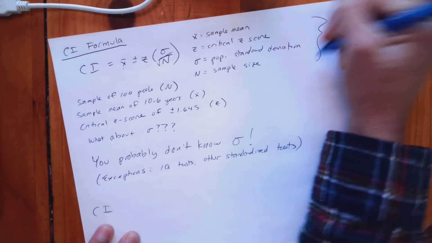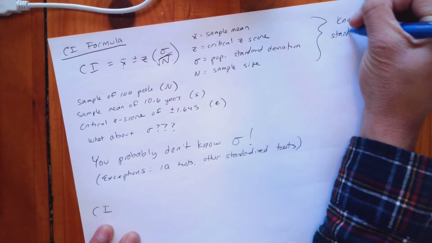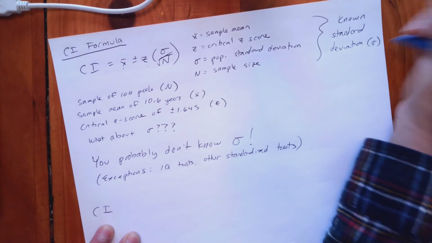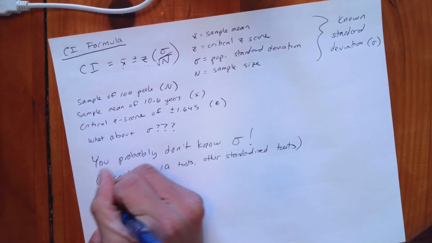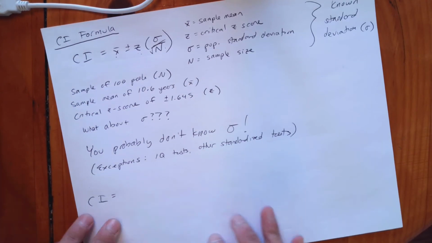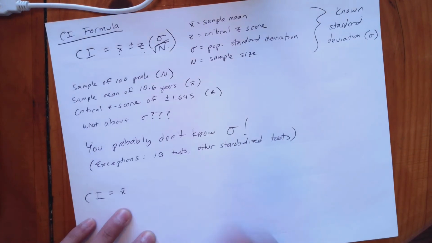So this one here, I'm going to say this is for known standard deviation, or sigma. But the confidence interval that's more commonly used, and the one that I'm going to mostly have you take a look at this week, is a confidence interval where the population standard deviation is not known.